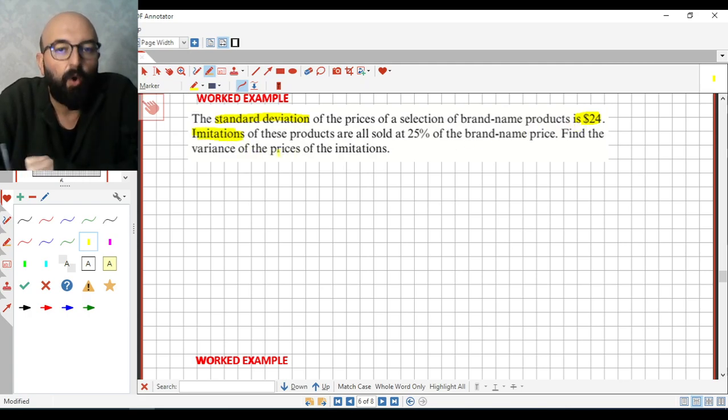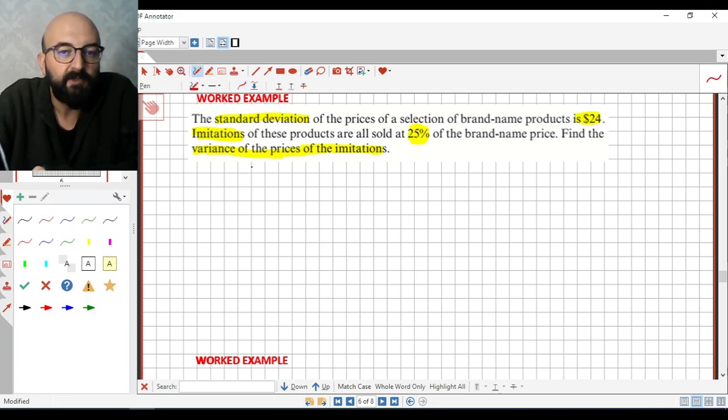Imitations of these products are all sold at 25% of the brand name price. Find the variance of the prices of the imitations.